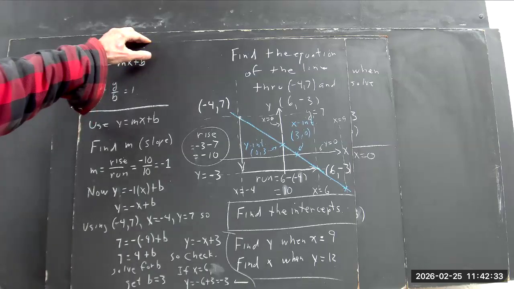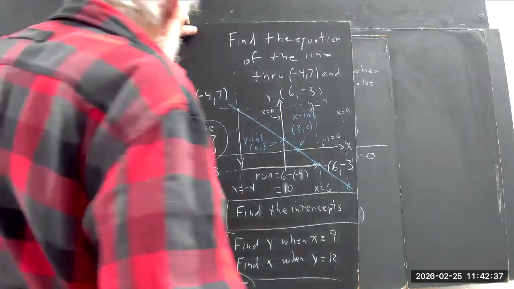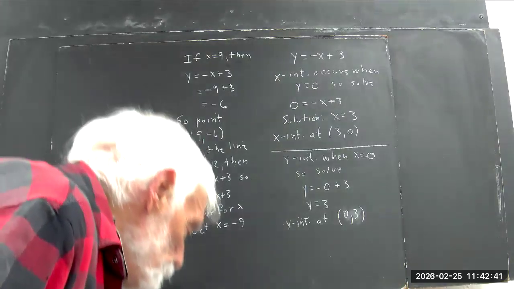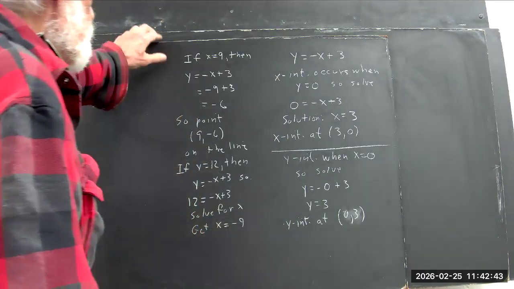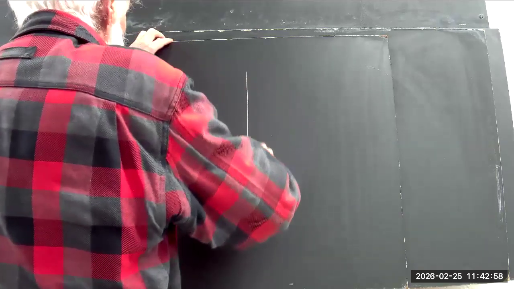Well, anyhow, we're going to go on. Okay. Now we've got this line, and I'm going to draw this line again. I'll draw an X and a Y axis.